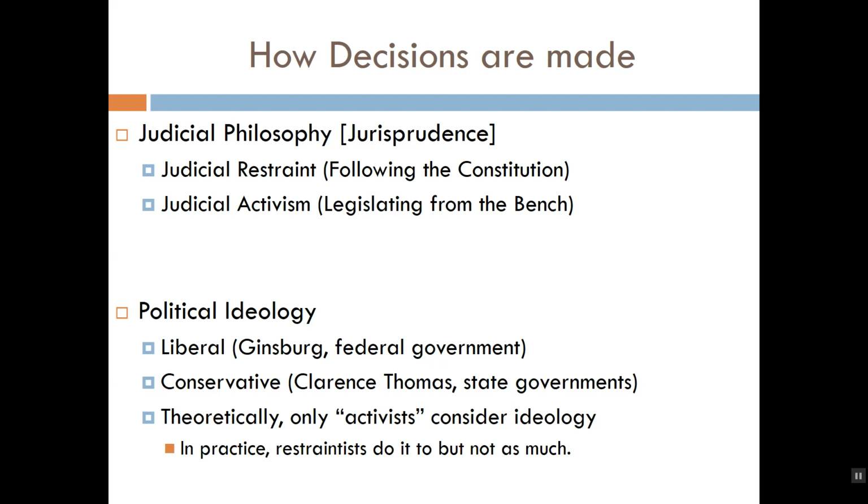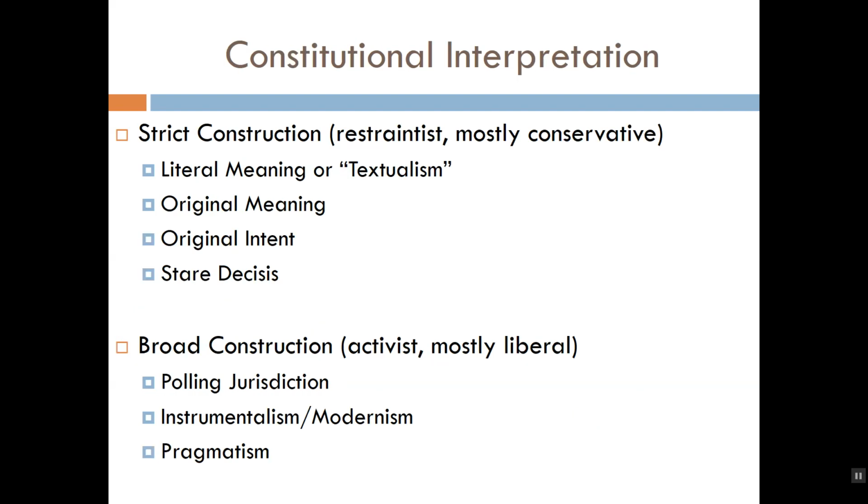And it's worth noting that because liberals are more likely to be activists than conservatives, they do tend to be more willing to factor in their own ideologies when deciding how to rule, but this isn't always the case. And again, a lot of that does have to do with jurisprudence rather than political ideology. One way or the other, these are the two major factors which decide how a particular justice rules in an individual case.